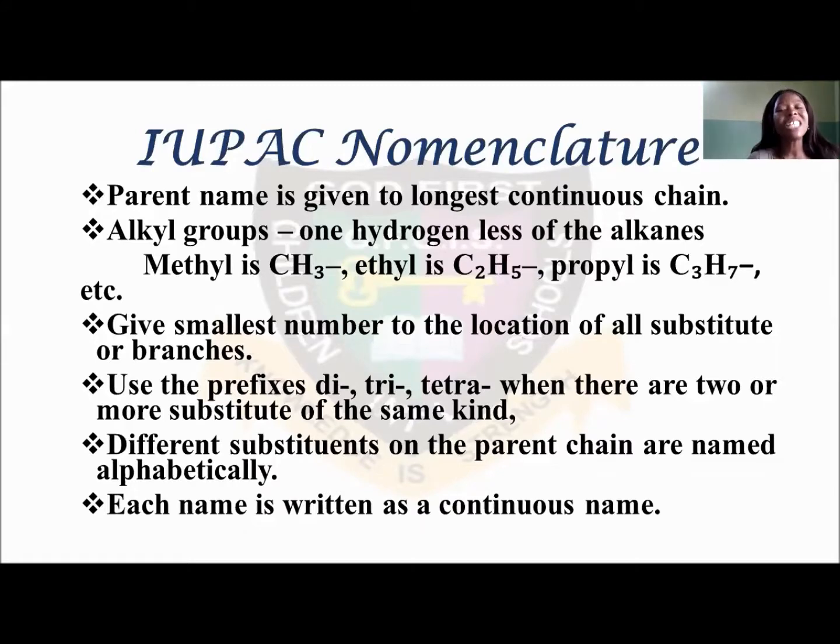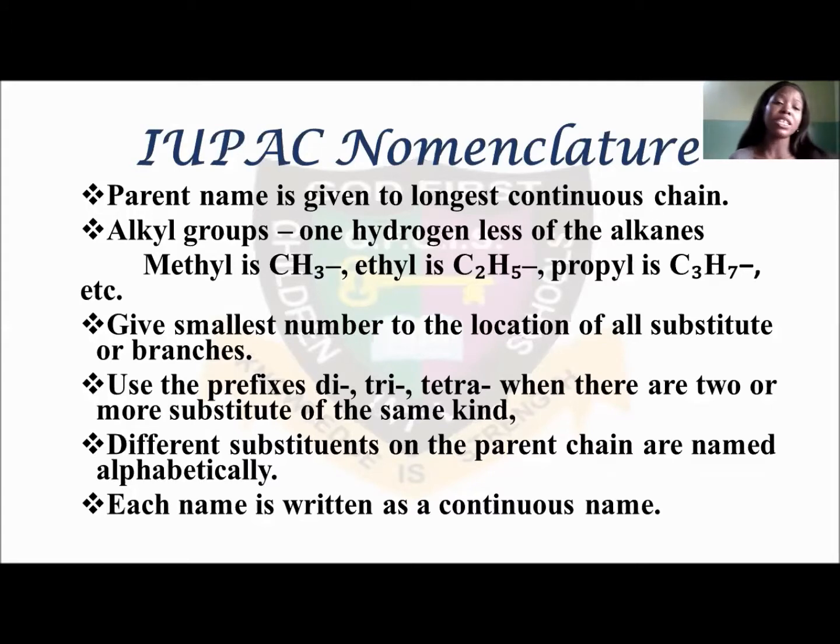So when it has one hydrogen less, it is called methyl, CH3. Now that dash is showing you that it is attached to something. Then ethyl is C2H5. Now notice the name: the ANE in the alkanes is replaced with YL in the alkyl groups.